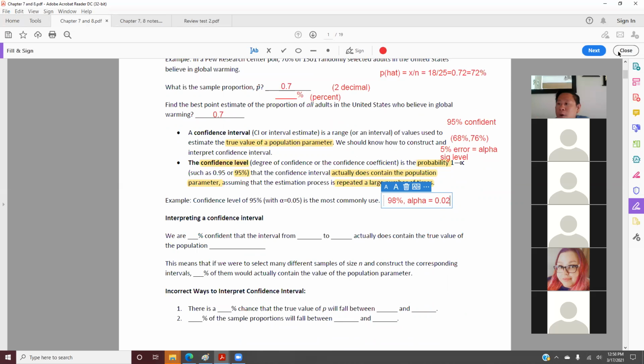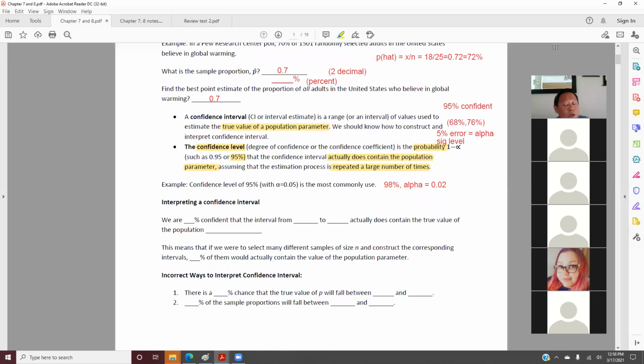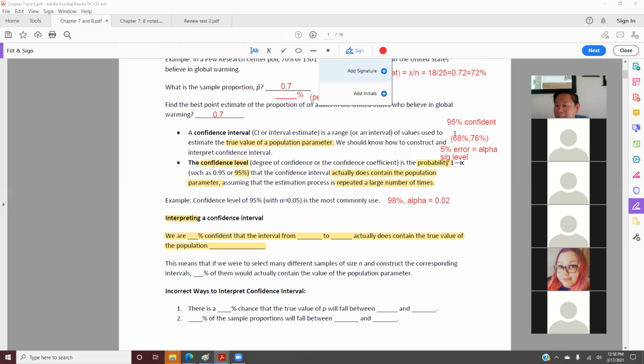Next is interpreting. As you know, in your finals you are also allowed one front page of whatever you're going to put in there. So I would highly recommend you put in how we interpret the confidence interval. If I got this 68 to 76, how do we interpret this?